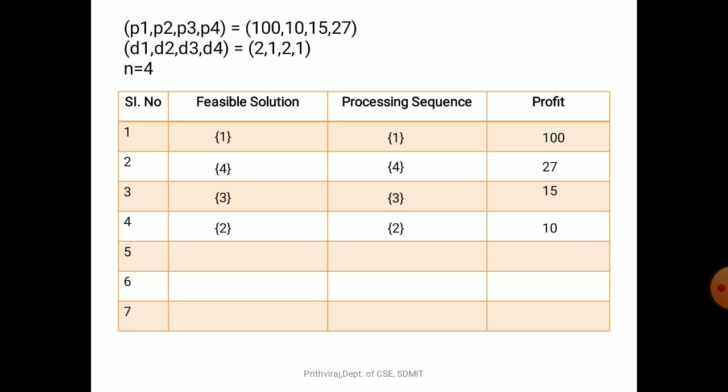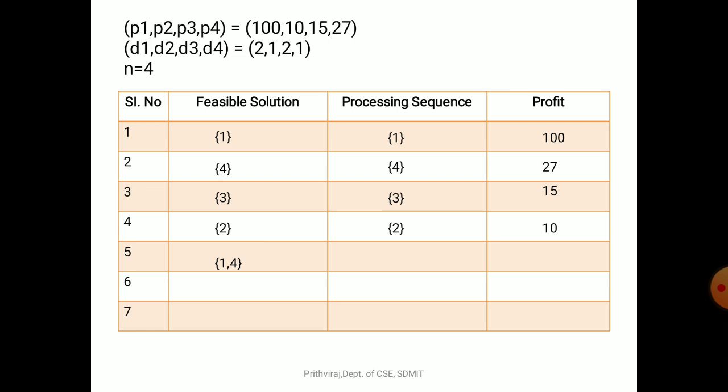Now apart from this, let us consider one more, 1, 4. I'm going to consider the first job as well as the fourth job, because for the first job the deadline is 2, as per the data, and the fourth job deadline is 1. Now which job should I complete first, the first one or the fourth one? We need to write that in the processing sequence.